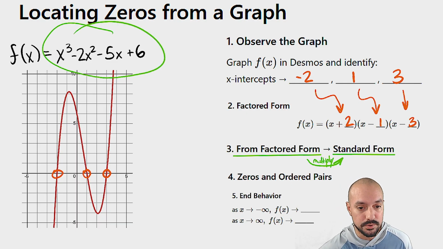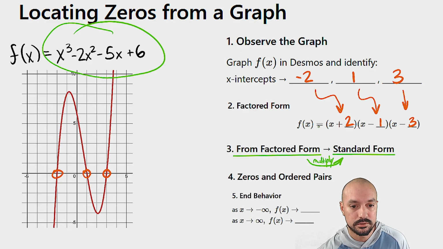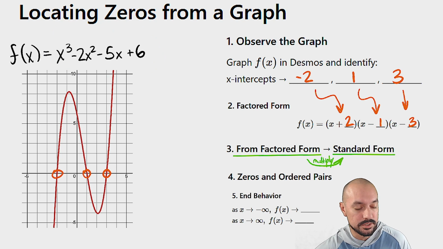So you would take those three binomials, 1, 2, 3, multiply them out, and you would end up getting this as a result, that format there. So right there, you can see how just from x-intercepts, we can get the full equation, at least the majority of it, especially in simple cases.